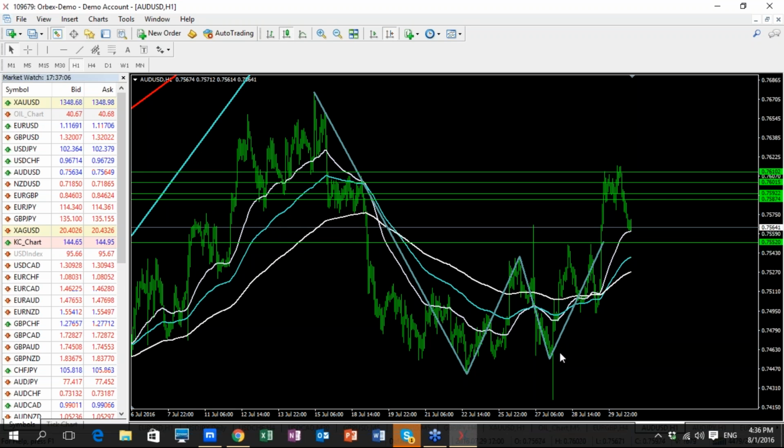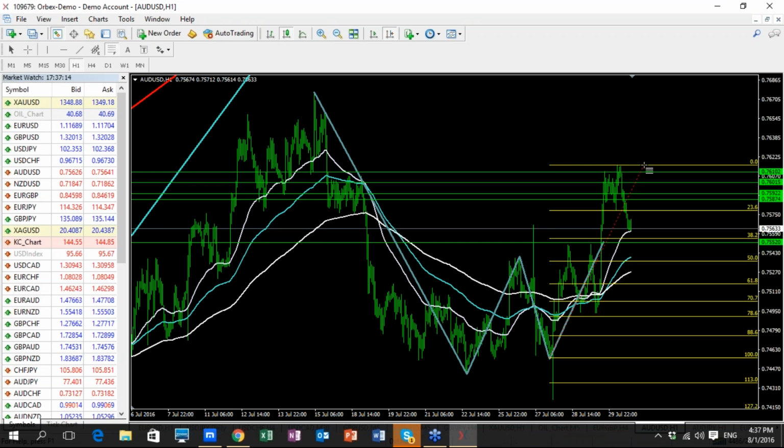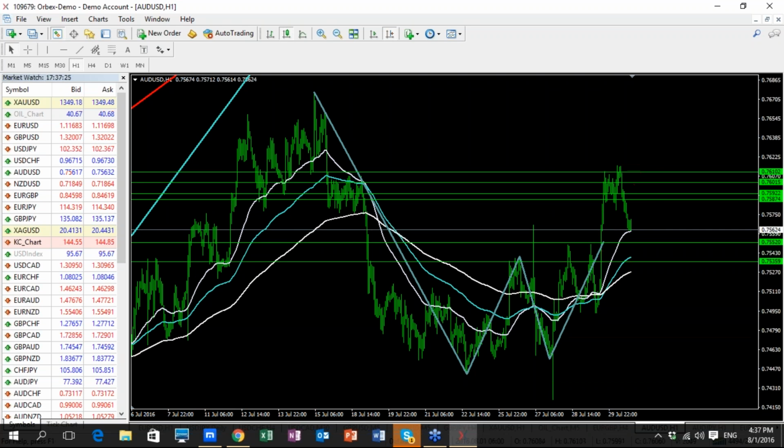Now, I know that my C to D has extended all the way up here, so I want to trade my D to E. I pull my C to D, and I can aim for my E coming at least at 50 or 61.8, but 50 would be good enough for me to trade the D to E. That's where I'll be aiming, and coincidentally it's at this area where there's quite significant support and resistance, so it's probably best to adjust.